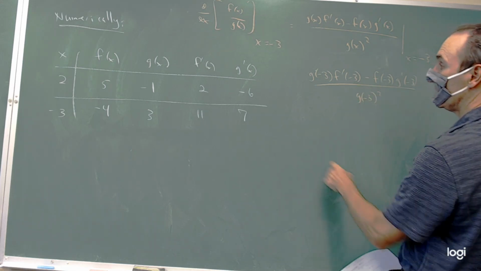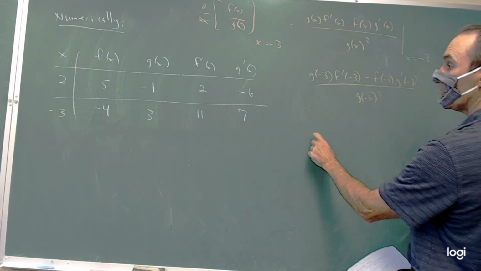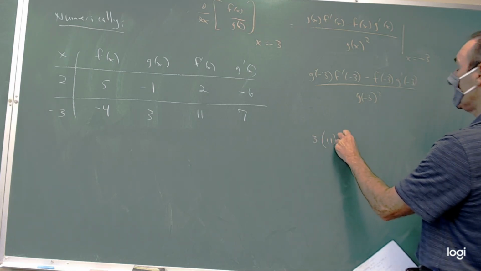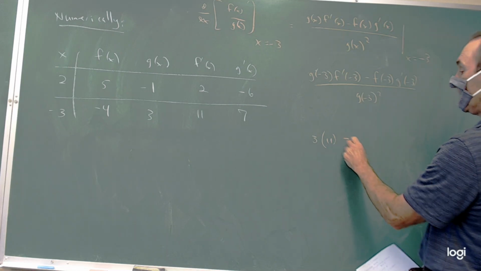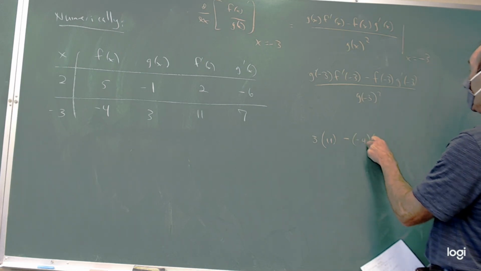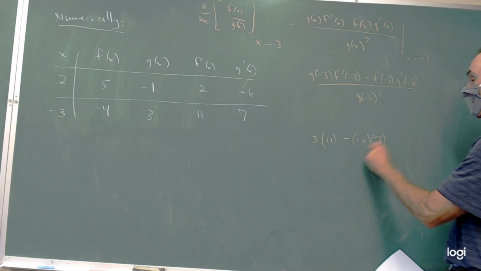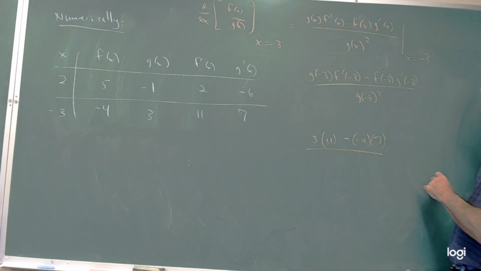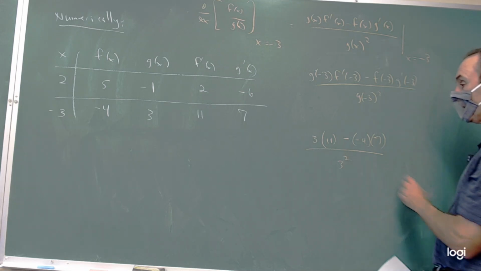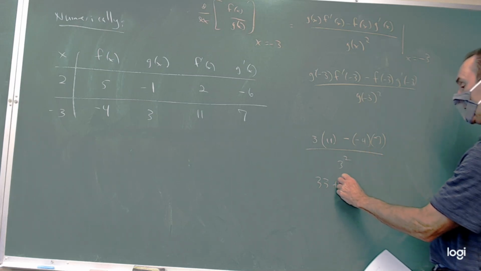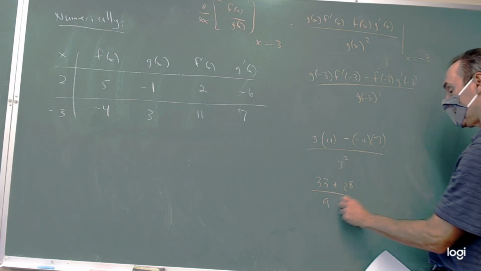So g of -3 is 3, f prime of -3 is 11, f of -3 I think is -4, g prime of -3 is 7, all over g of -3 squared, which is 3 squared. So I'm looking at 33 plus 28 over 9.